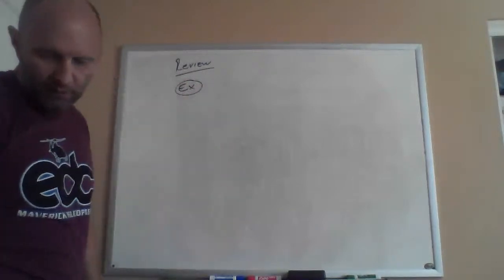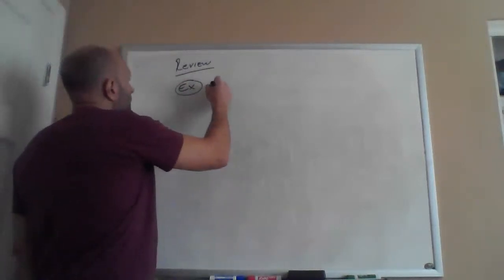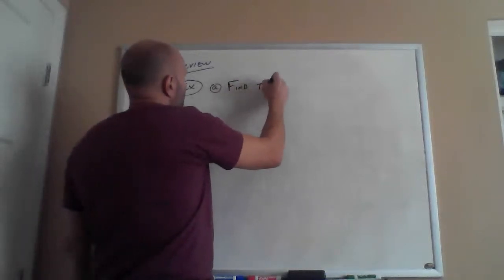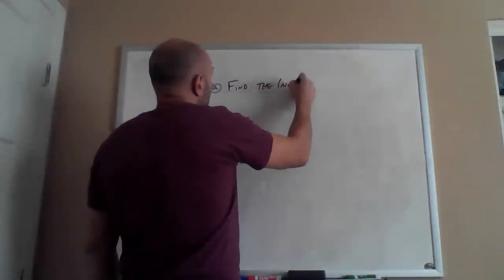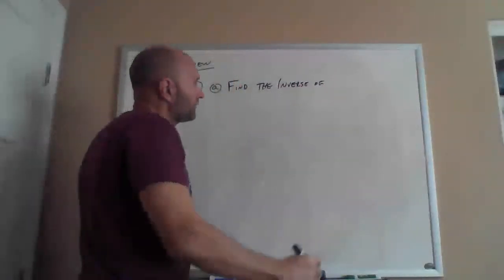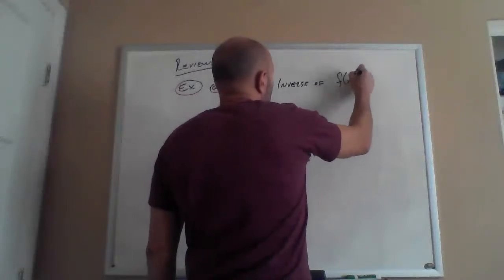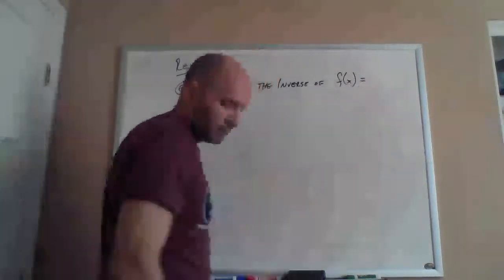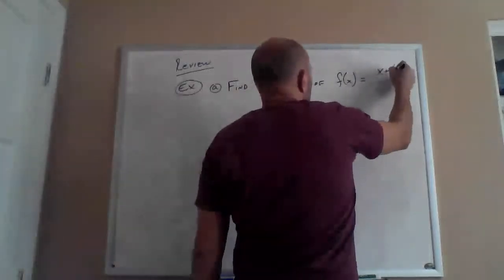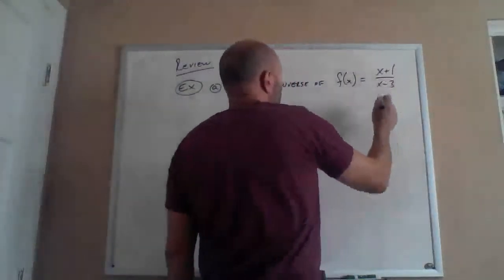None of that. So for this one, first thing we want to do is find the inverse of f of x is equal to x plus 1 over x minus 3.